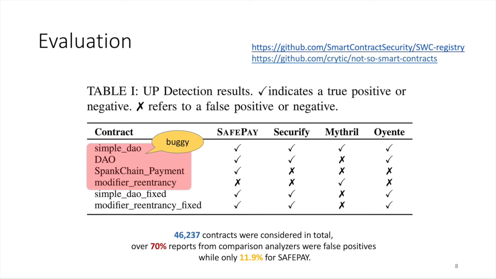In terms of accuracy, over 14% of reports from other analyzers were false positives, whereas only around 12% were for SAFEPAY. There were also cases where SAFEPAY reported unfair payment problems that were missed by others.